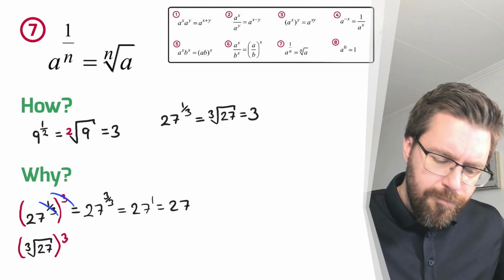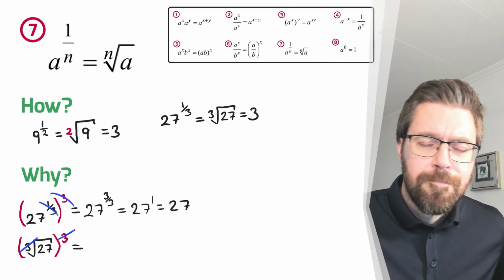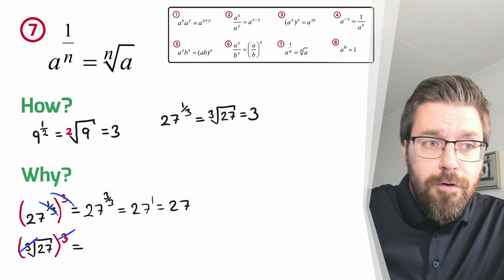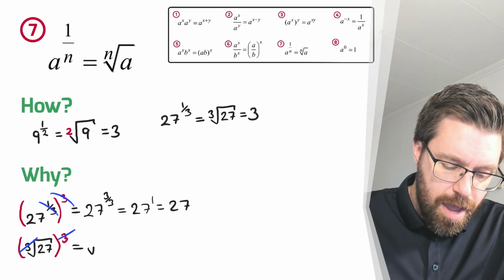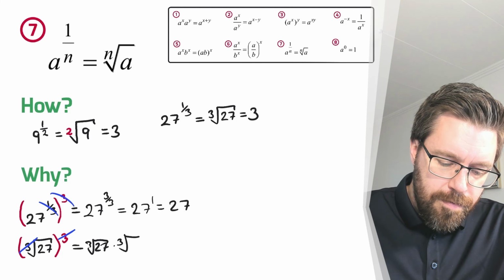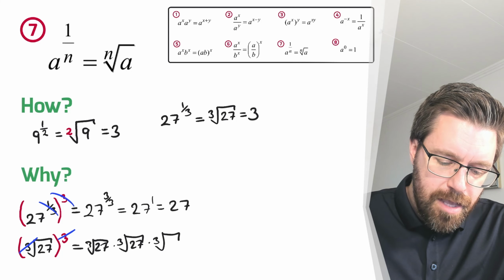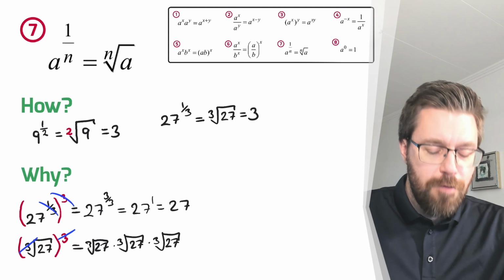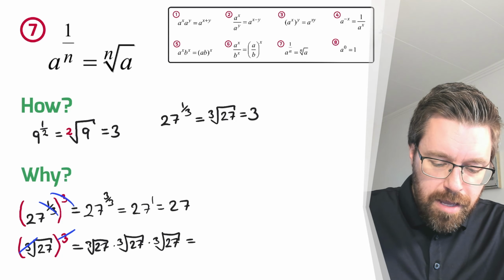So if we have this sort of thing, then we can cancel this thing and this thing out from the start, and it will become 27. You can write it like cube root of 27 times cube root of 27 times cube root of 27. But if you have 3 factors of the cube root, then it equals the thing inside it.